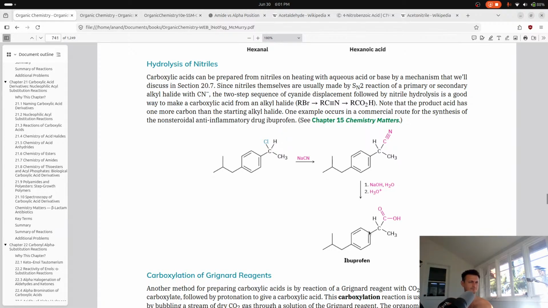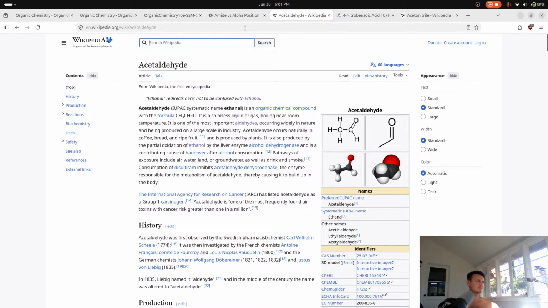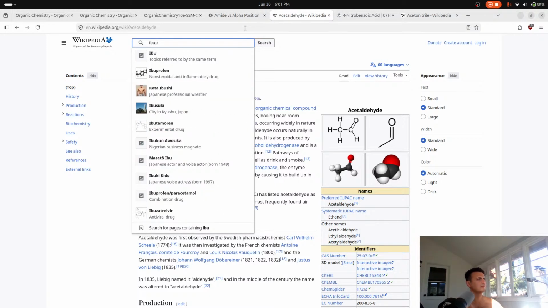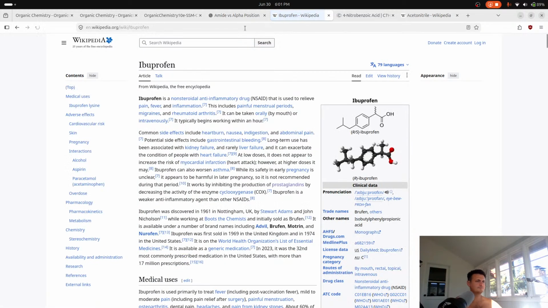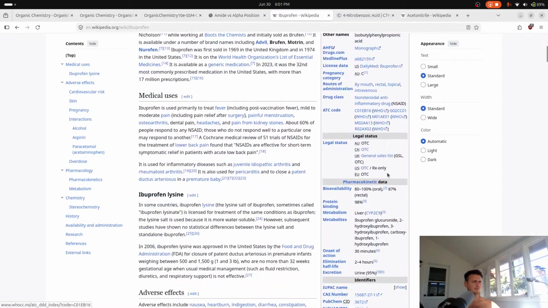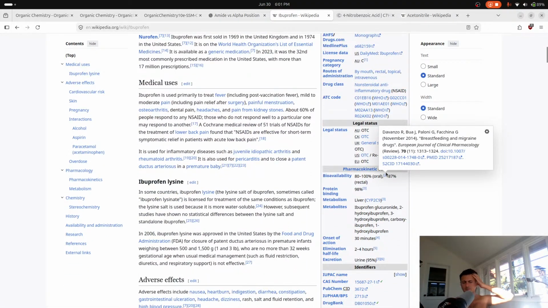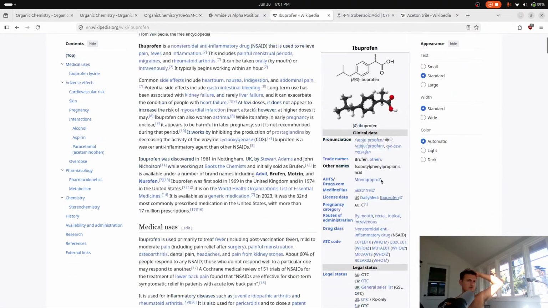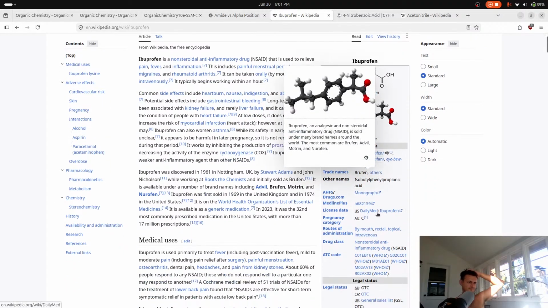Let's look. This stereochemistry. What am I looking for? I want to know the name. Where's the IUPAC name?